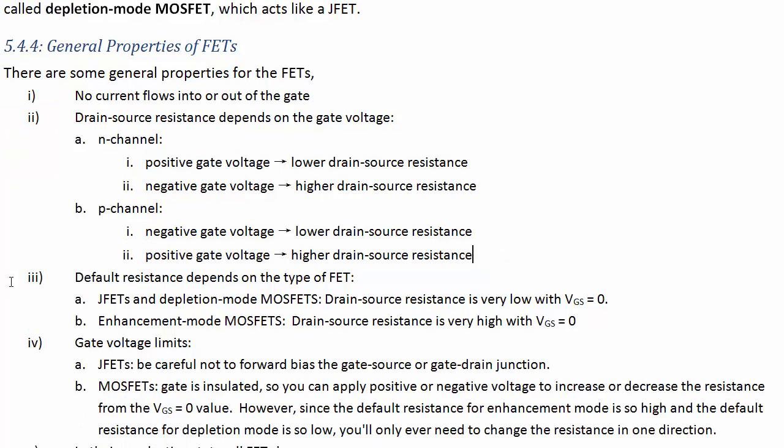The default resistance, that is the resistance when VGS is 0, depends on the type of FET. For a JFET and depletion mode MOSFET, it's normally very low, and you need to apply a gate source voltage to increase the resistance. For enhancement mode MOSFETs, it's normally very high, and applying a gate source voltage will decrease that resistance.